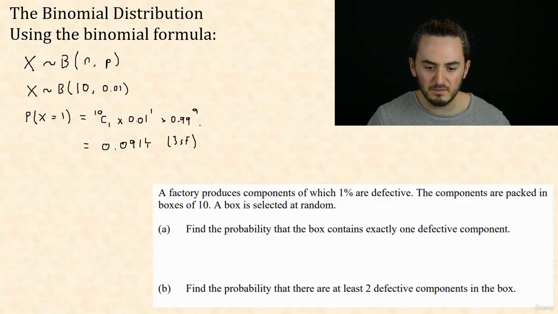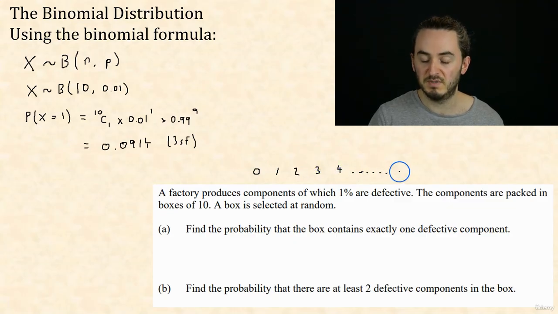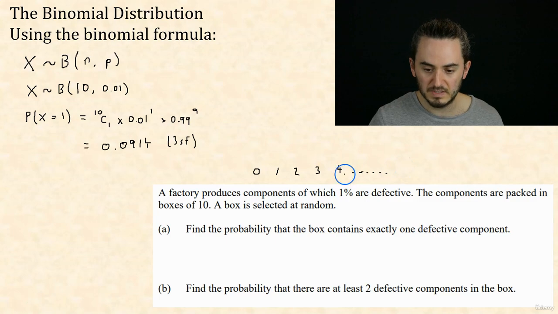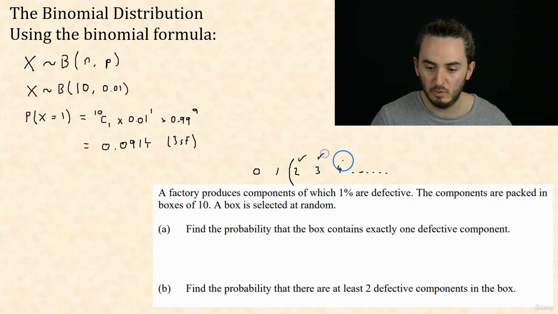What we can do is reason as follows. We know that the number of defective components could be 0 or 1 or 2 or 3 or 4 or so on, all the way up to 10. Those are the possible outcomes. If we want the probability of there being at least 2, that's 2 or more, rather than working out the probability of all the different events that it could be, we could work out the probability of all the events it could not be.